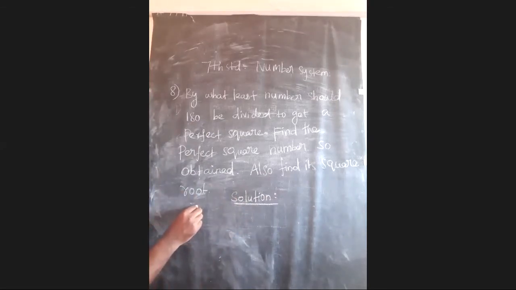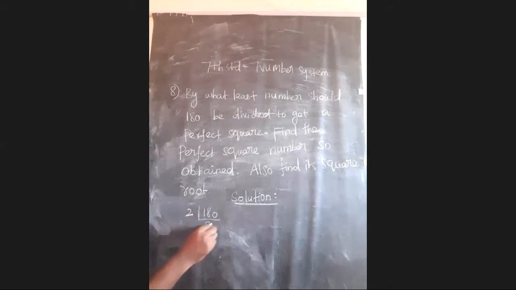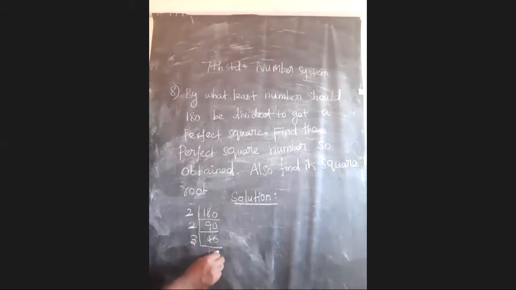180. So how can we write 180 in prime factorization method? 2, 90, 2, 45, 3 table. Okay. It will go by 3 table. 1 3 is 3, 5 3 is 15. Again it will go by 3 table. 5 3 is 15. Correct? Good.